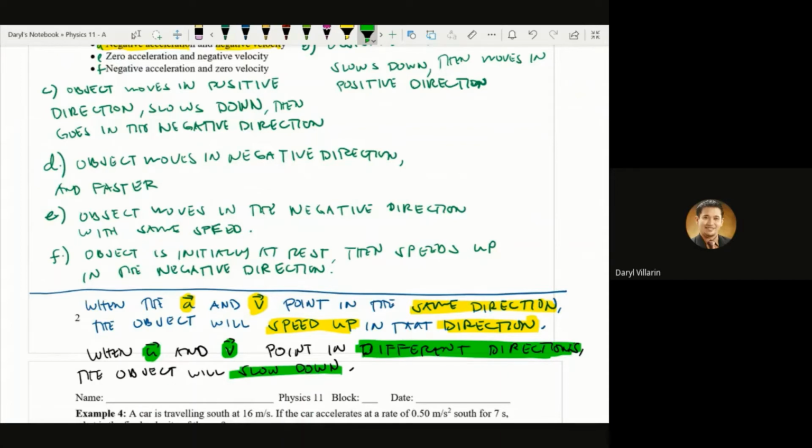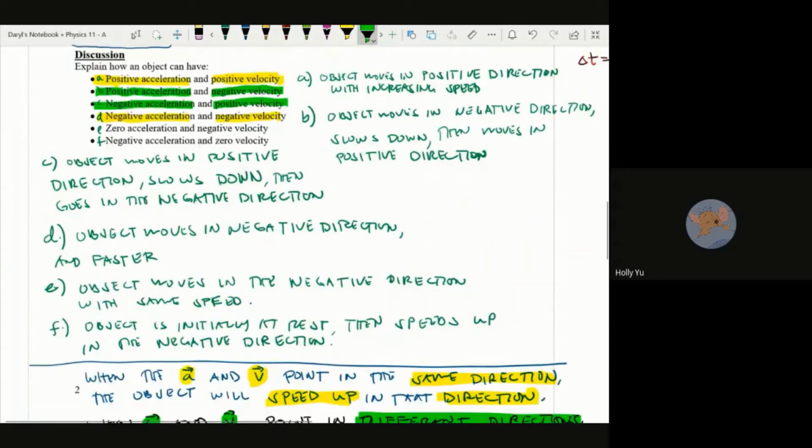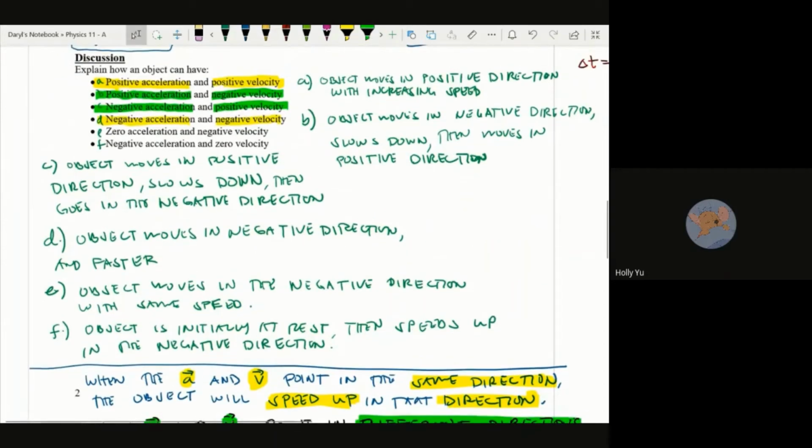Okay. So do you have any question with this part here? Yes, sir. For the question B and C, if I didn't write that the object moves in the positive direction, is that okay? Yeah, that's okay. And for the part where you write the positive direction and the negative direction, can I just write the west or east?